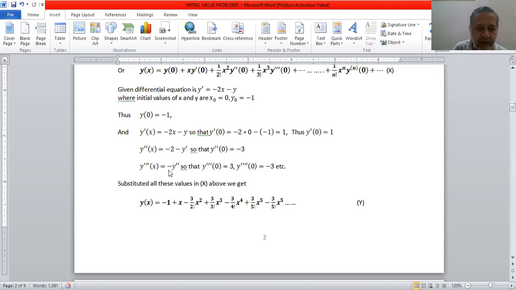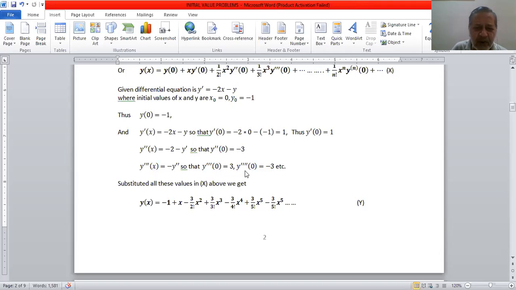And we have obtained the value of y double prime at 0, which is minus 3. So if we put minus 3 in place of y double prime, we obtain the third derivative value at x equal to 0 to be minus of minus 3, that becomes 3.